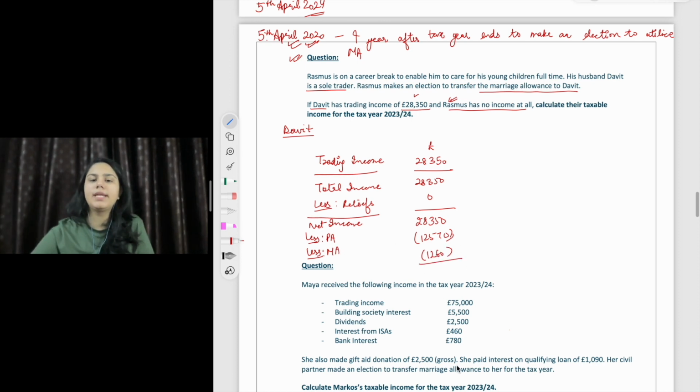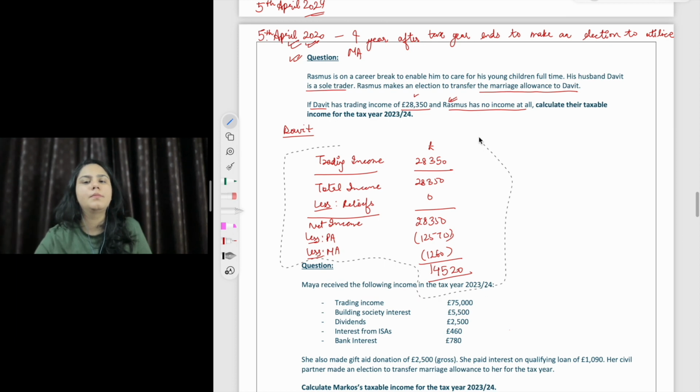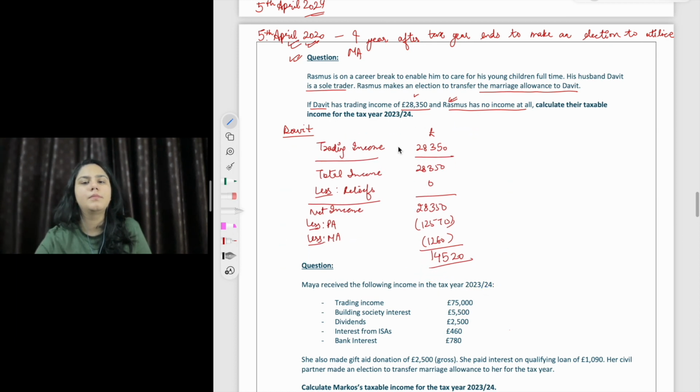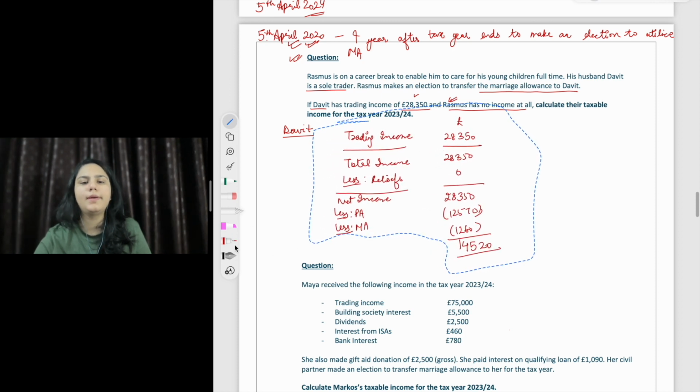So therefore David's taxable income is going to be 28,350 minus 12,570 minus 1,260, which is 14,520.